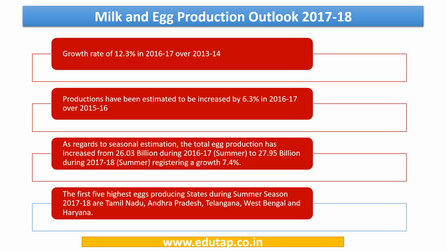Coming to egg production, the growth rate has been around 12% in 2016-17 as compared to 2013-14. And as compared to 2015, in 2016-17 the production has increased by 6.3%.